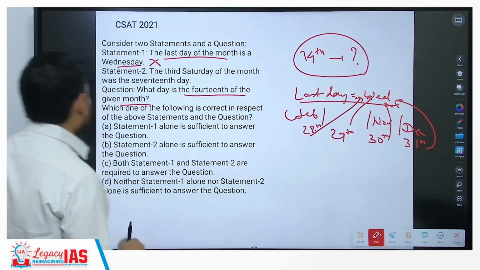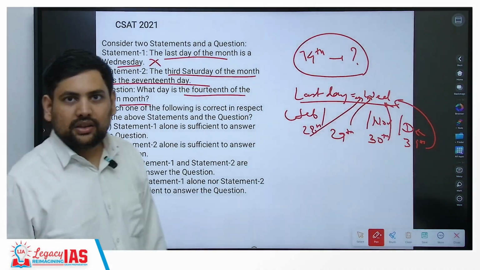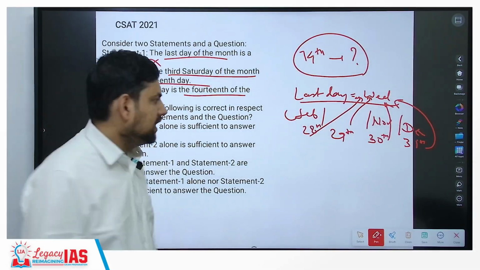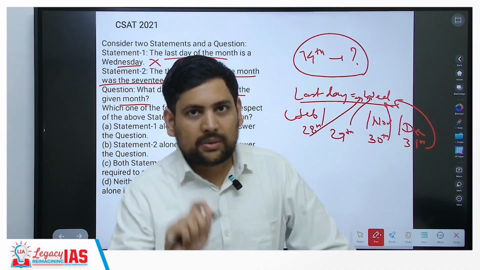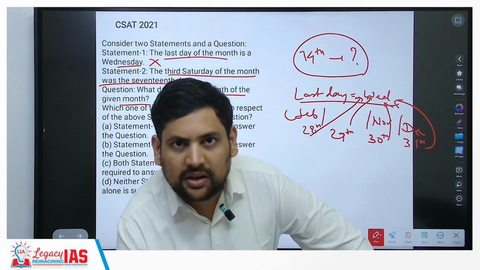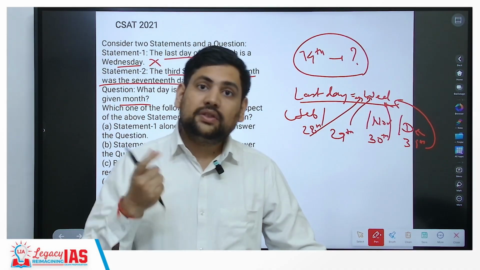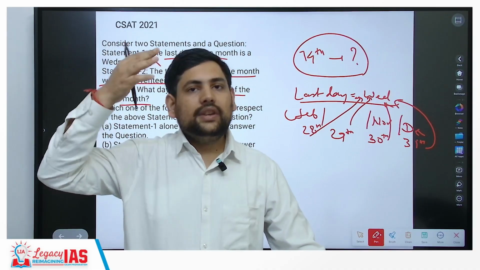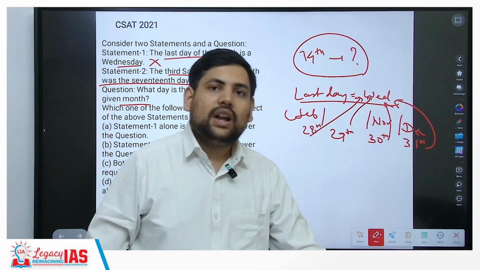Then next, the third Saturday of the month was the 17th day. Now, third Saturday does not matter. What can make an important part of the question is when they tell you about the 5th Saturday, 5th Sunday, then you need to think that 28 days is normal, then I have 2 more days, and one of those is Saturday.